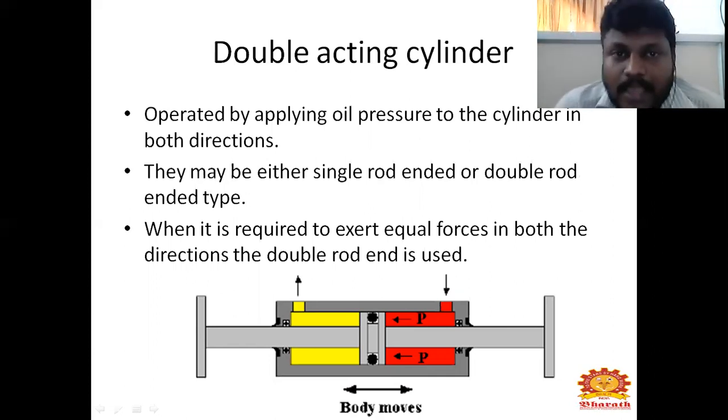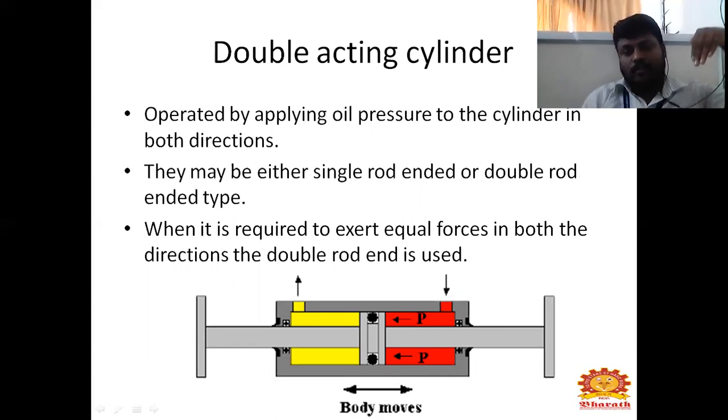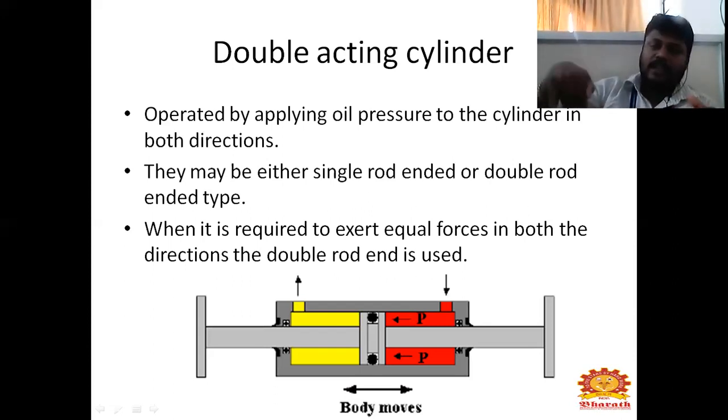It is operated by applying oil pressure to the cylinder in both directions. If you use this side as the inlet port, this side piston will be moved forward. If you use this other side port as the inlet port, this will be retracted and the other will be moving forward.